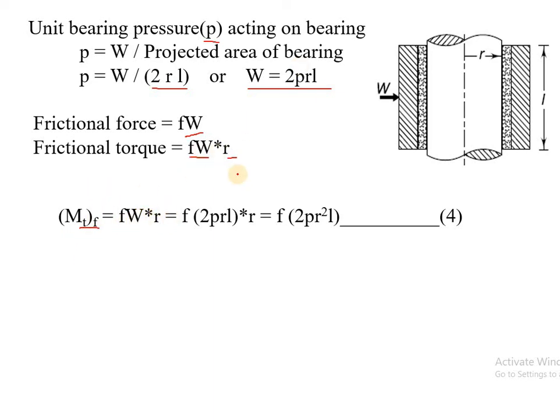So substitute the value of W, 2pRL. Here we have substituted the equation of W. This gives you f into 2pR square, we are multiplying it by R, so this becomes R square into L. So this is equation number 4.